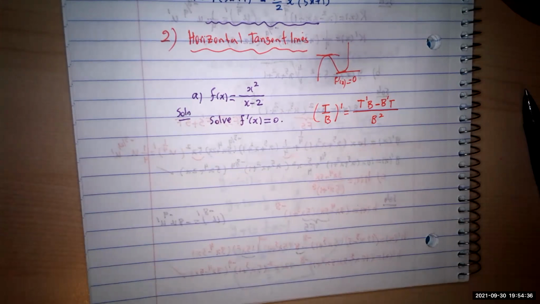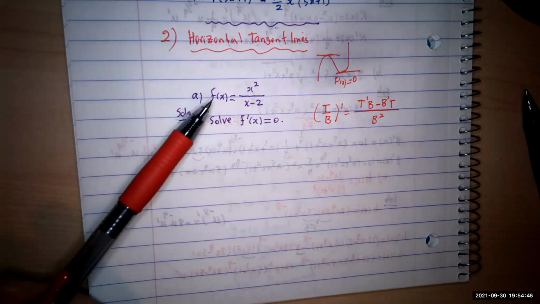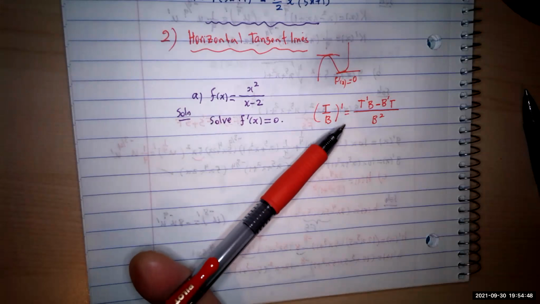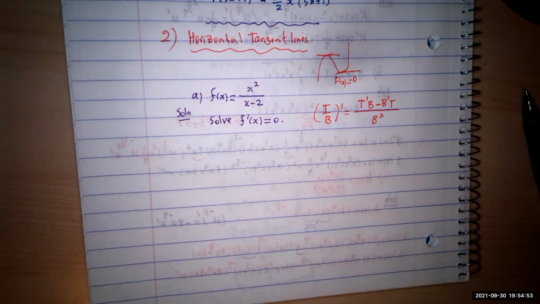So this is the formula, because we didn't have it for the previous problem. Any question? Differentiate, use this formula, then let it equal 0, solve for x, and then you're done.